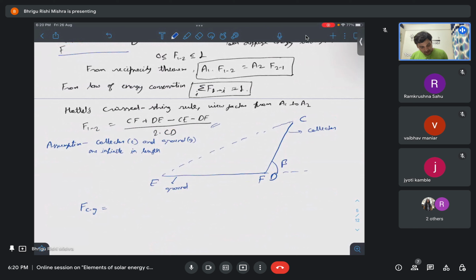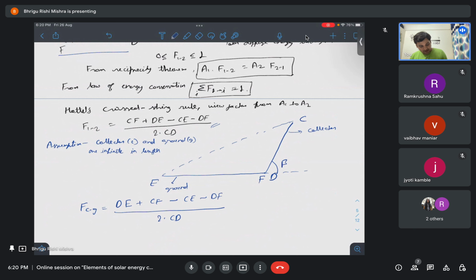Simply DE plus CF, sorry, not CE, it is CF. So DE will be one diagonal and CF will be another diagonal. And now the distance, minus CE minus DF, upon 2 times the height of the collector, so 2 times CD.